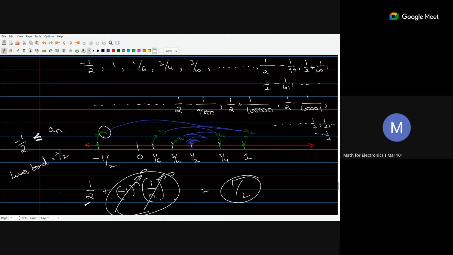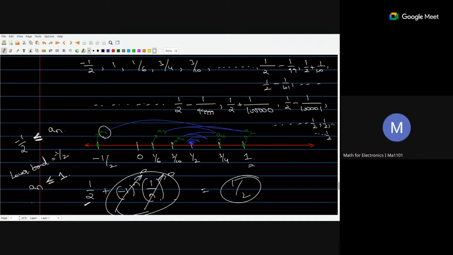Okay. And is this sequence bounded above? Yes, sir. So what is the best bounding value? 1. So I can also say every sequence term will be less than or equal to 1.